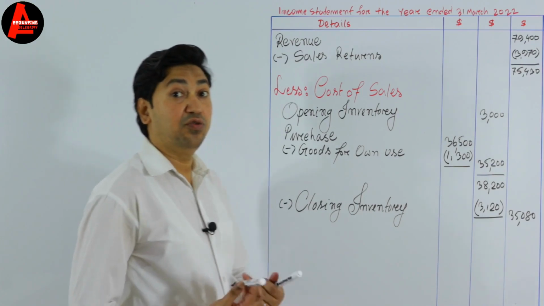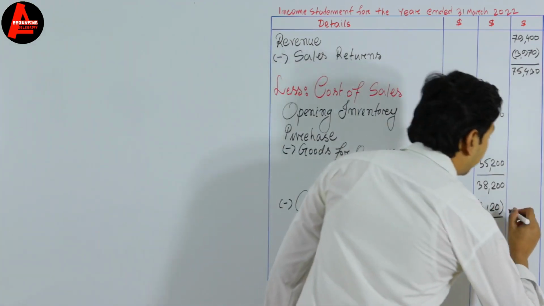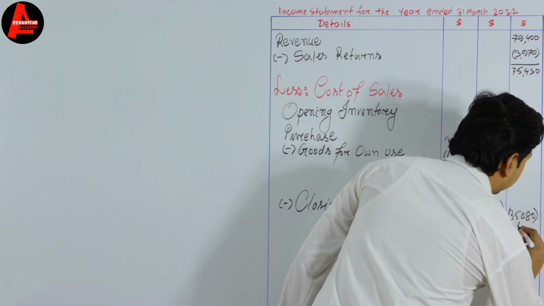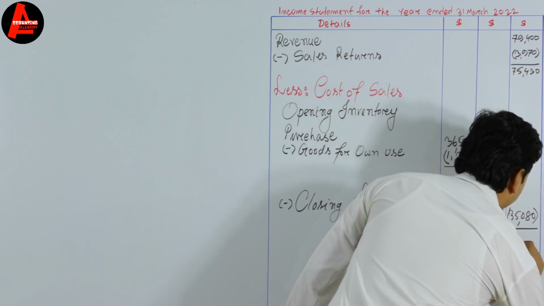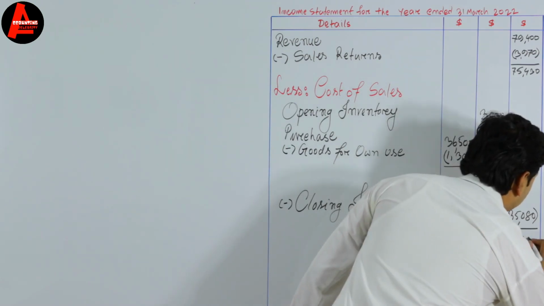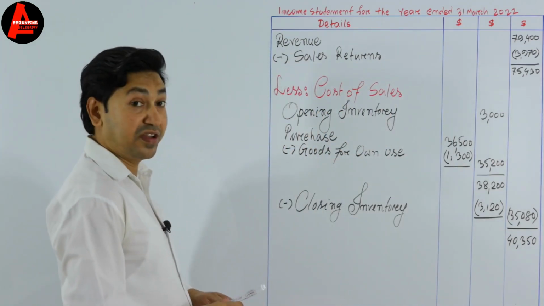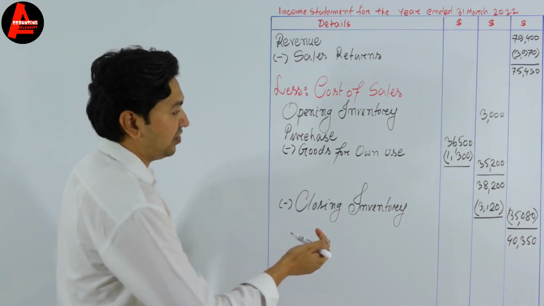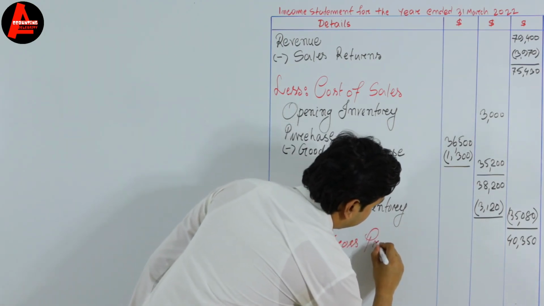So obviously we will have gross profit. Let us subtract the cost of sales. If we subtract, we get here $40,350. This is our gross profit. So let us write here gross profit.